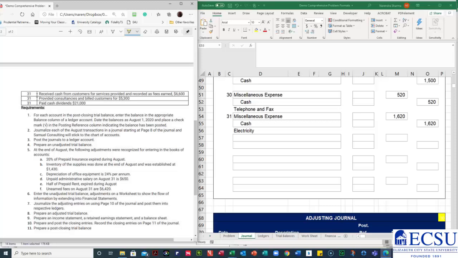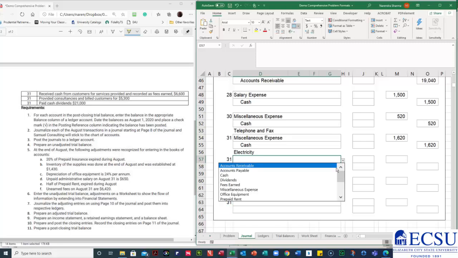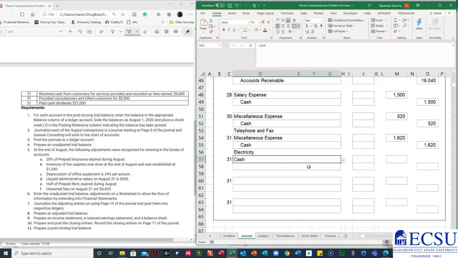Now I have three more for August 31st, so I'm going to take them. August 31st, and August 31st. Remember, we are doing chronological order, so we have to follow the date. Received cash from customers. So you are receiving that cash, and for what did you receive that cash?